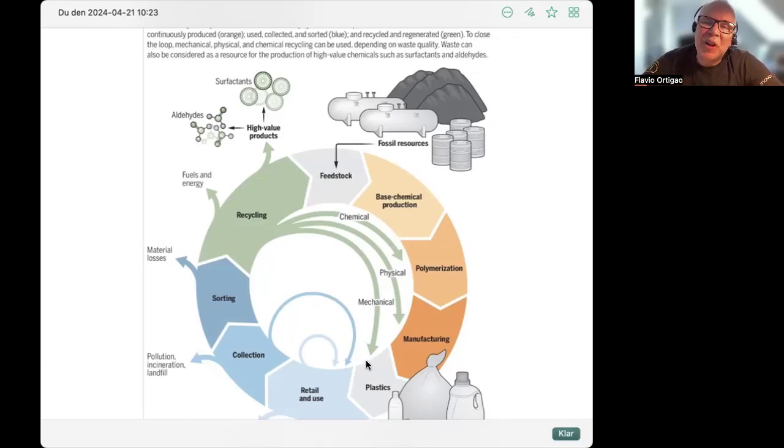Now, last and not least, gasification. Gasification has been around for 200 years, with different types of gasification. The state-of-the-art gasification is done at very high temperature and very high pressure, and gasification breaks the plastics molecule to its constituent molecular components, and the molecular constituents are carbon and hydrogen.